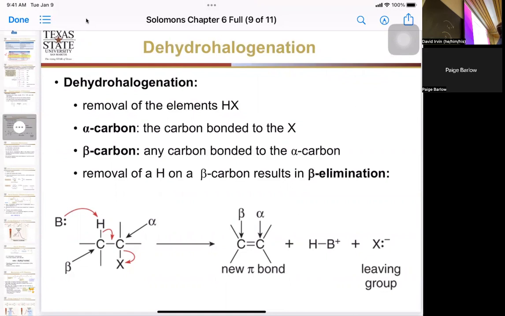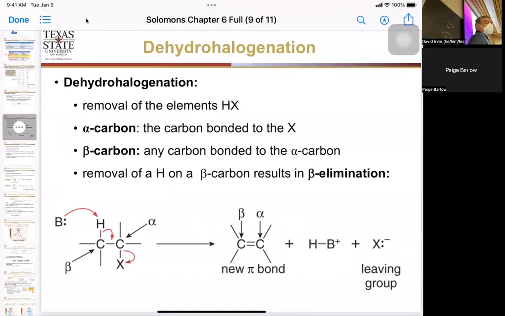So in the case of dehydration, it's OH. In the case of removing HBr, it would be the bromine. That's the alpha carbon, the one with the leaving group on it. The beta carbon is the one with the hydrogen that you're pulling off. Okay. So the alpha carbon and beta carbon are important to identify.